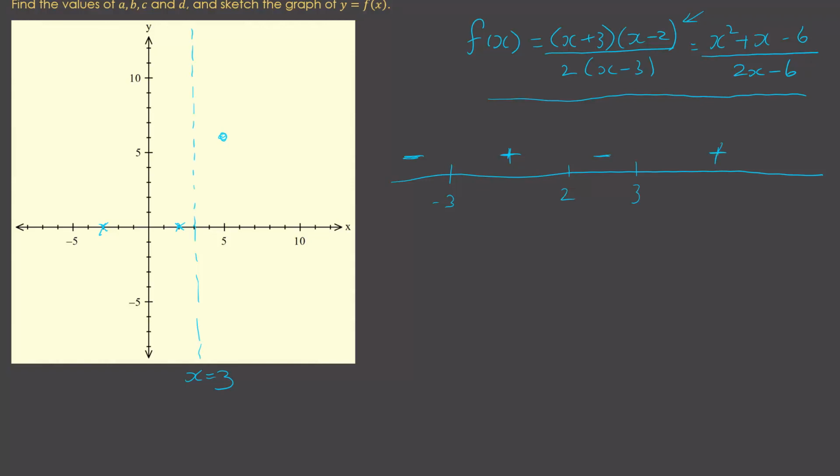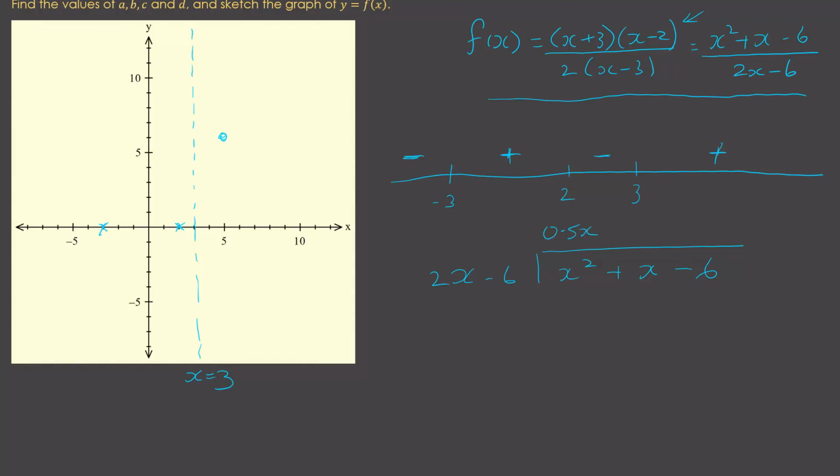Now we can find the oblique asymptote by polynomial division, which I'm not going to try to avoid in this instance, and I'm actually going to do it in full in order to explain how it works. So what do we multiply 2x by to get x squared? You multiply it by 0.5x.